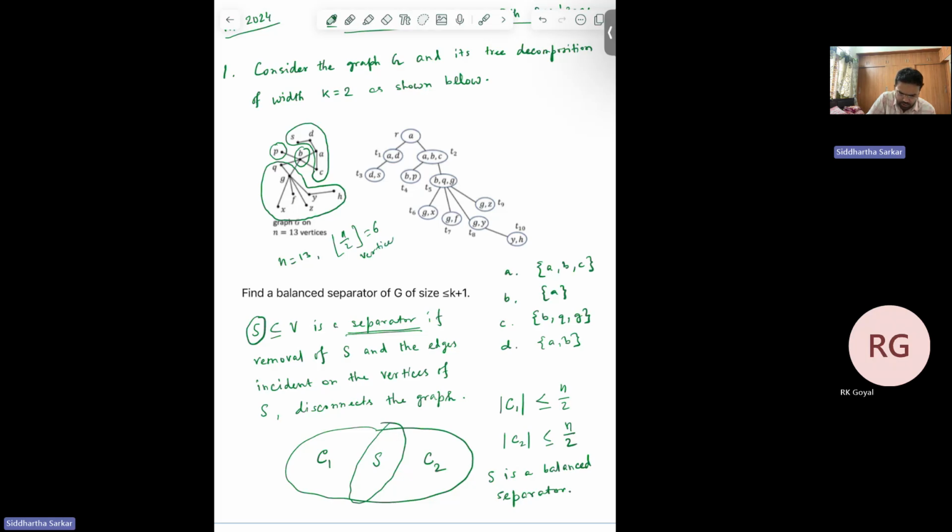So this component cannot be deemed light. More than 50% of the vertices of the graph are concentrated in this component. Therefore, B itself cannot be considered a balanced separator. Of course, it's a separator, but it is not a balanced separator because one of the components has more than 50% of the vertices.